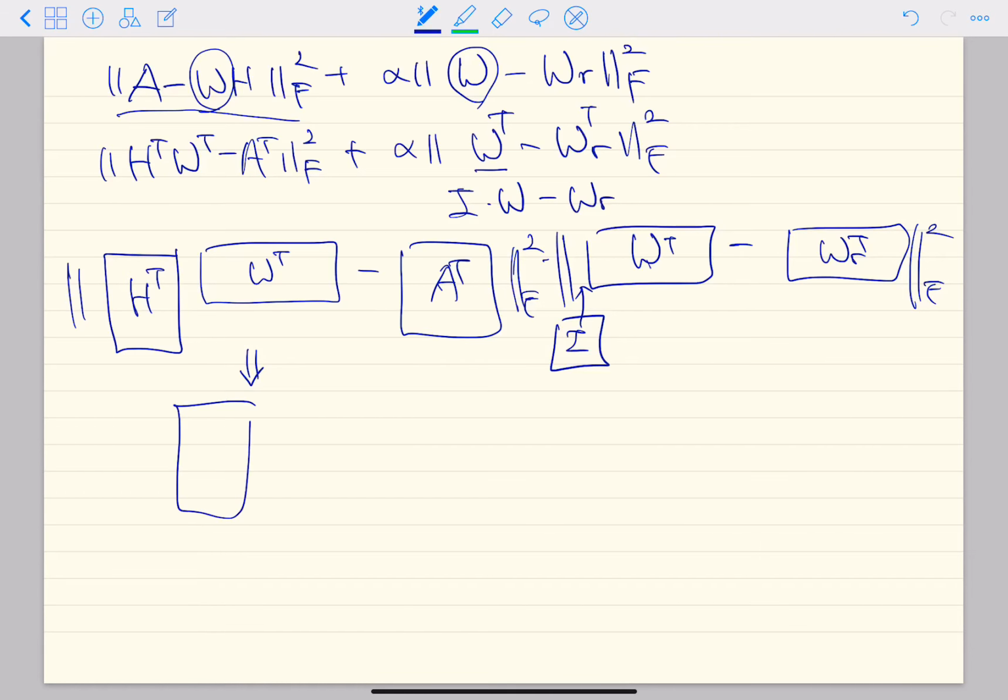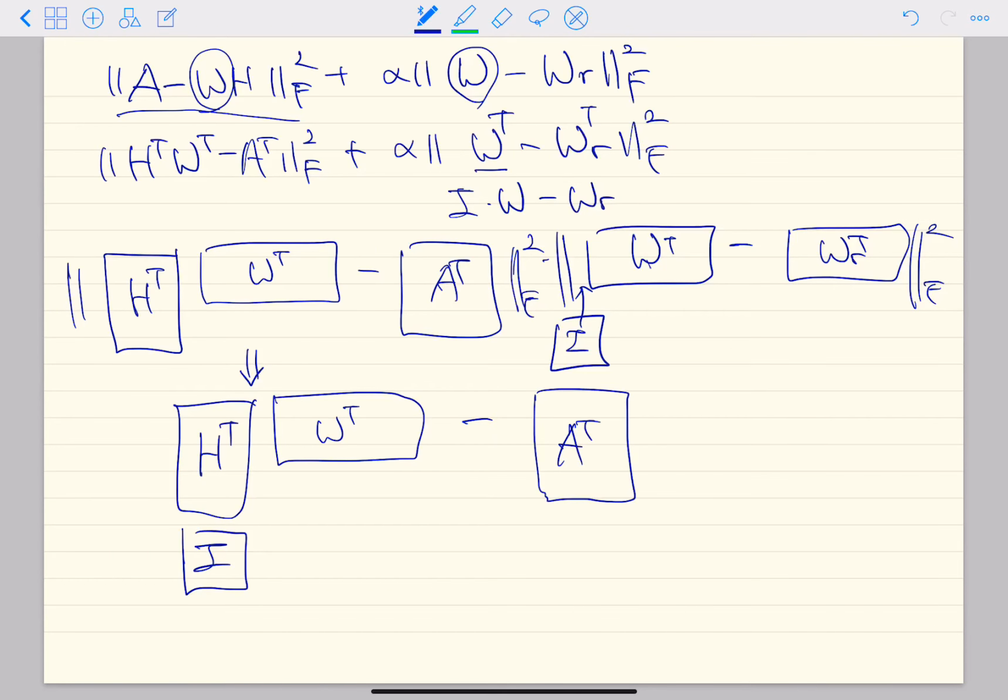Then we have H transpose and the identity matrix, and then W transpose minus A transpose, WR transpose, and the Frobenius norm squared.